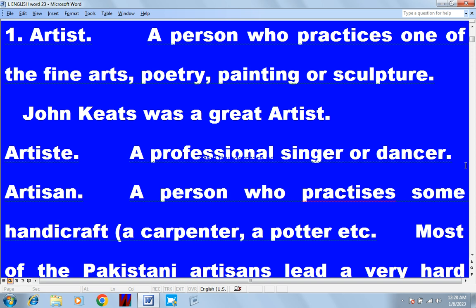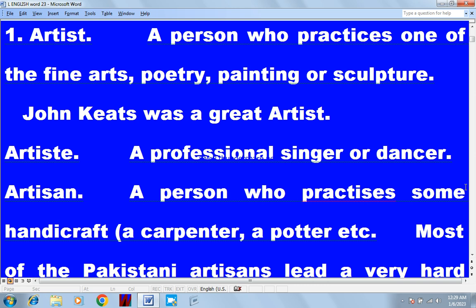The meaning of artist is a person who practices one of the fine arts, poetry, painting, or sculpture. And now its sentence is, John Keats was a great artist.